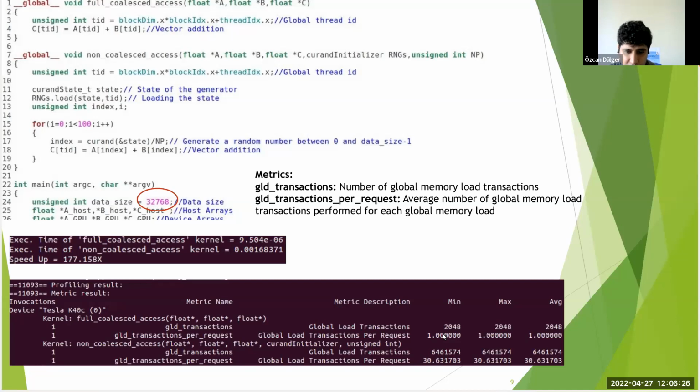Not at most, exactly one transaction. So the average is 1.